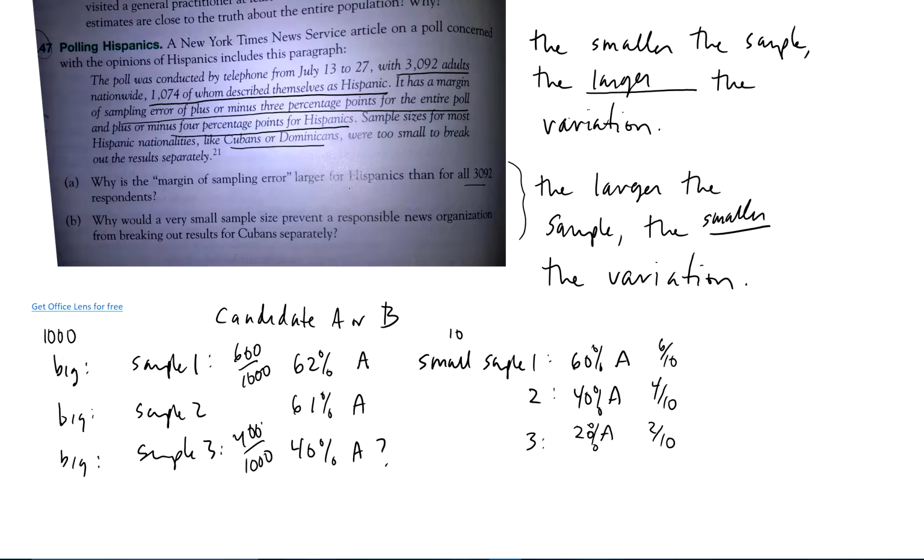Since the Hispanics were a smaller group, they had a larger margin of error, that's variation. And for very small sample sizes, a responsible news organization is not going to talk about the Cuban results because it's such a small group that you can't make a statement about the population. How do you know if it's this one, or this one?